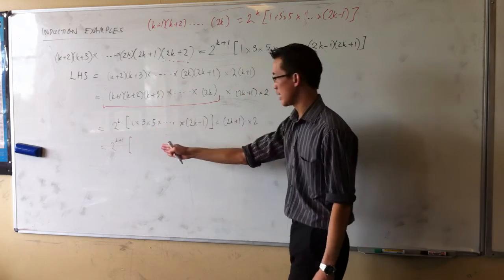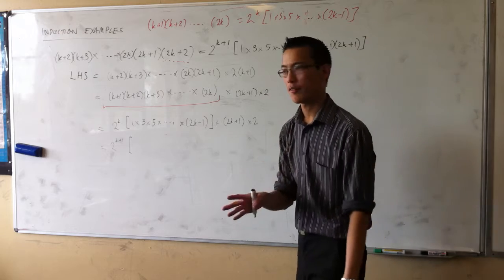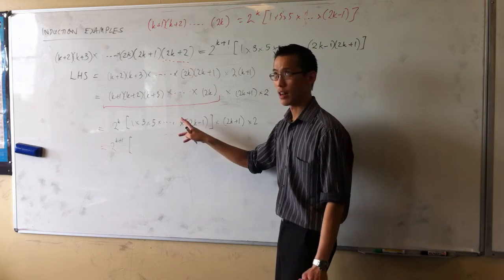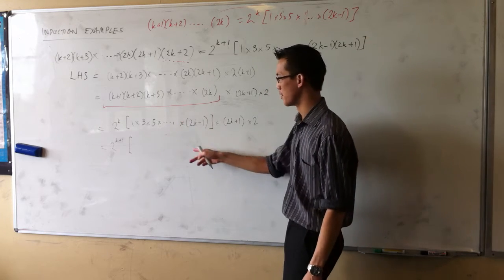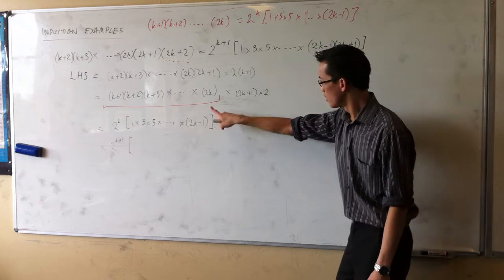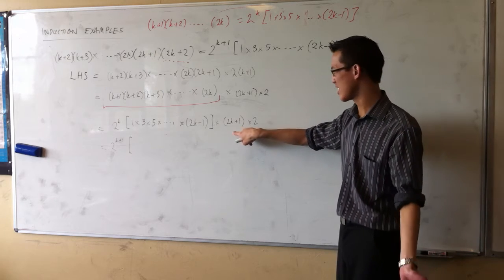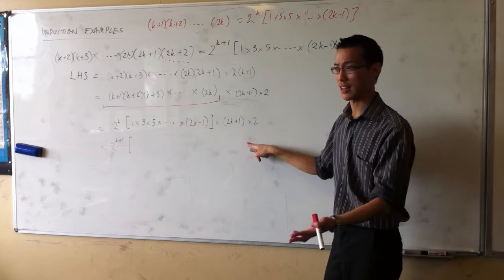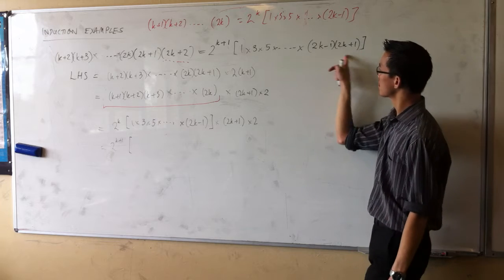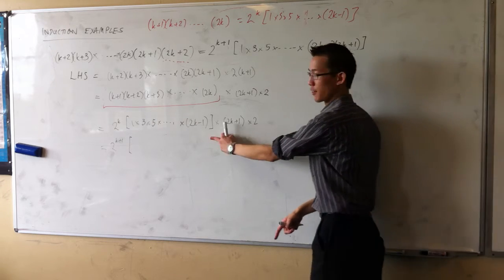When you have a look at this thing, 1 by 3 by 5 by blah, blah, blah, remember, I drew your attention to the fact that this is not just any progression of numbers. They're the odd numbers. Now when you get 2k minus 1, 2k plus 1 is just the next odd number. It goes up by 2, so it goes to the next one. Actually, I was a bit sneaky. I wrote those down because I knew I'd need it for later.